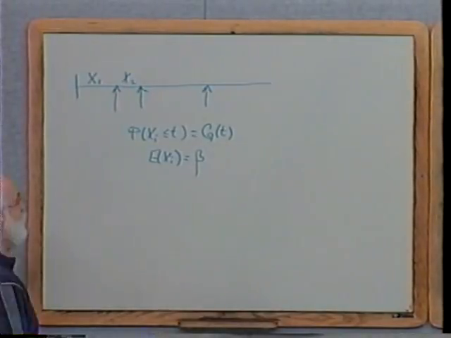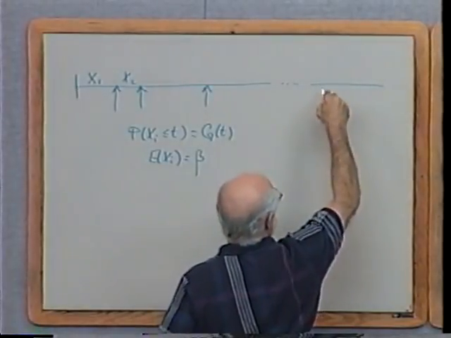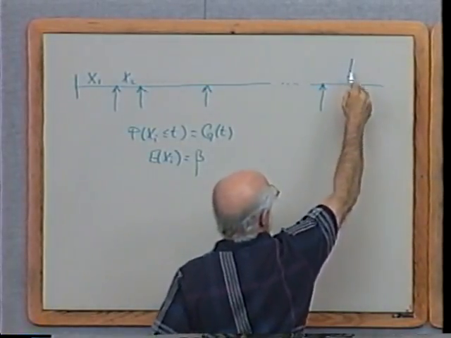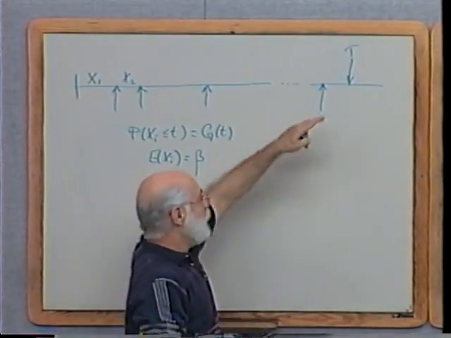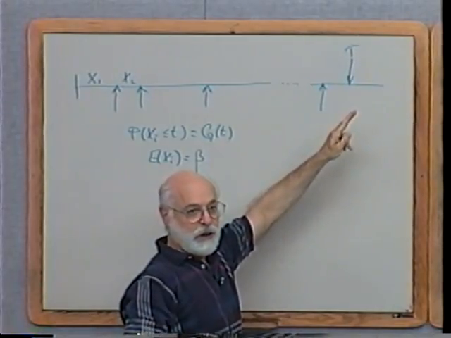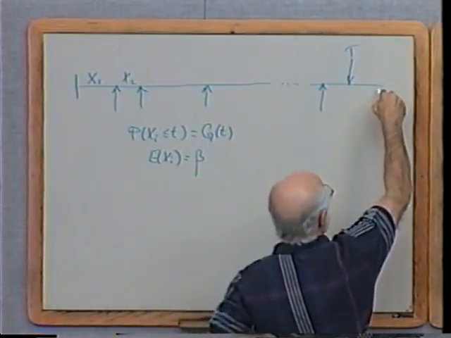And the idea is that you imagine this process going on, and then there's some other point, let's call it capital T, at which you make an observation. And that point is selected without knowledge of the underlying renewal process.